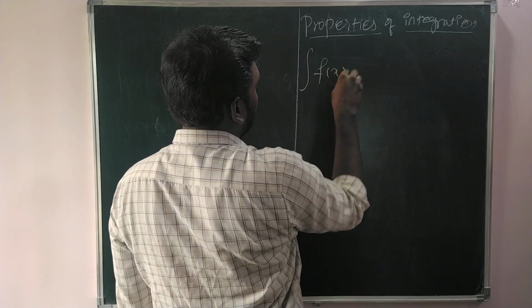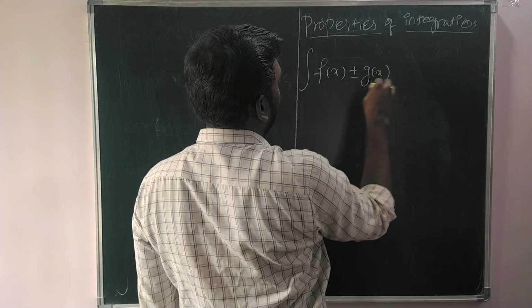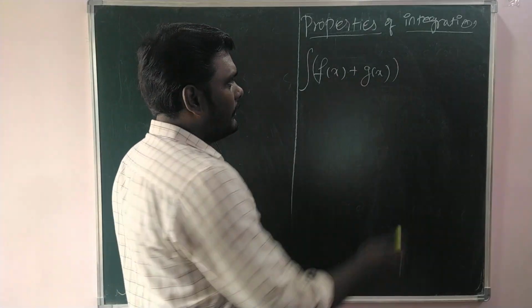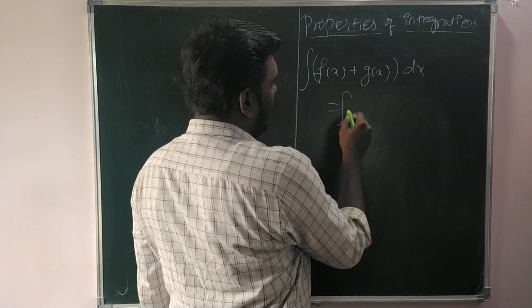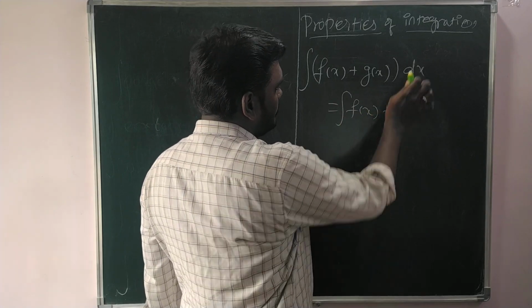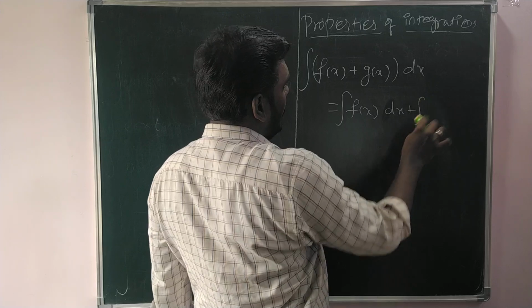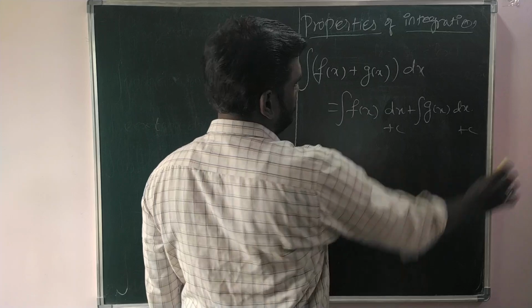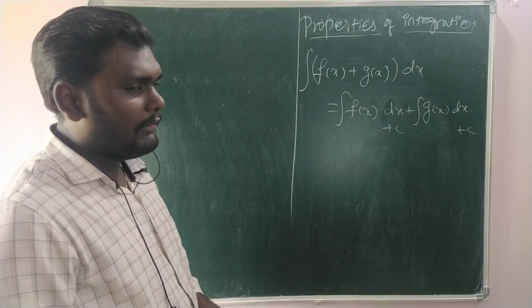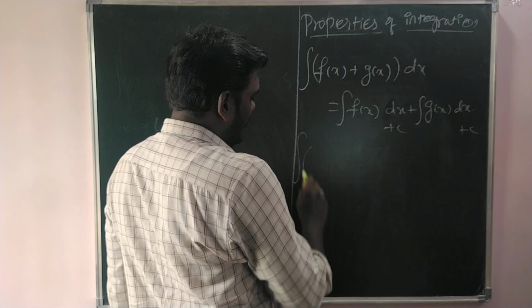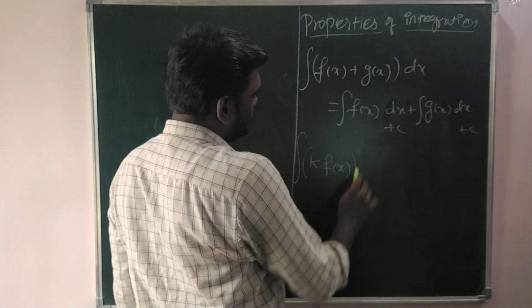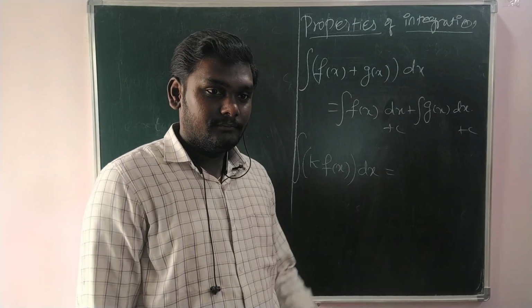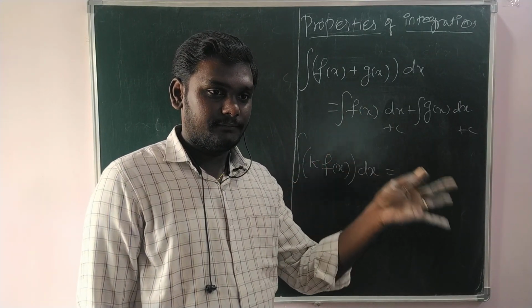Suppose we have two functions, f of x plus or minus g of x. The other way, add or subtract. First we'll add. It is equal to finding their individual integrals and adding them. And we have a constant multiplication. Suppose a function is multiplied with a constant. How do we treat the constant? You remember? As a curly leaf.